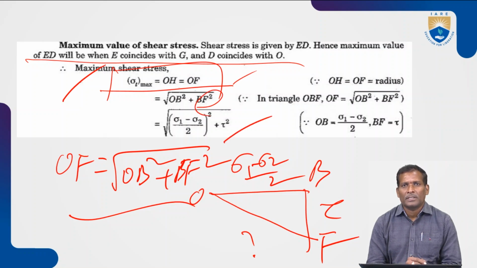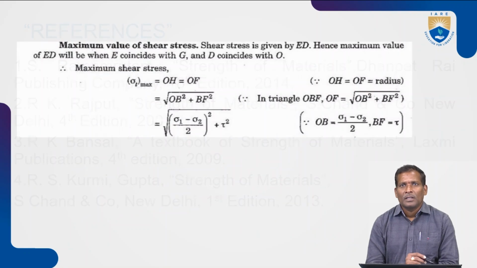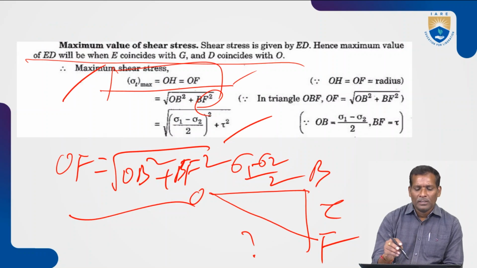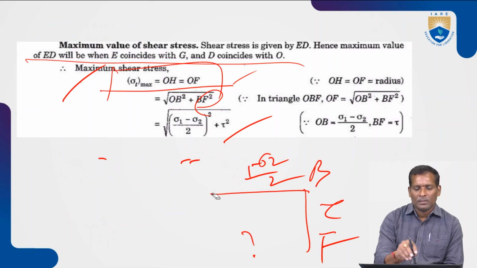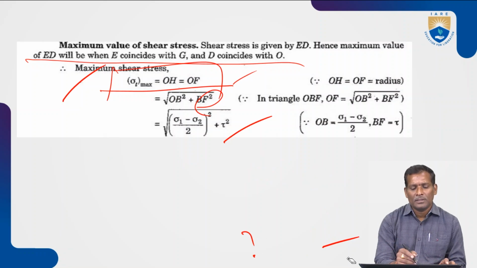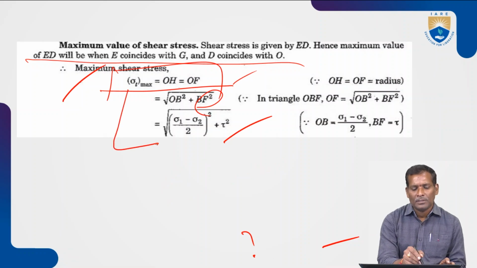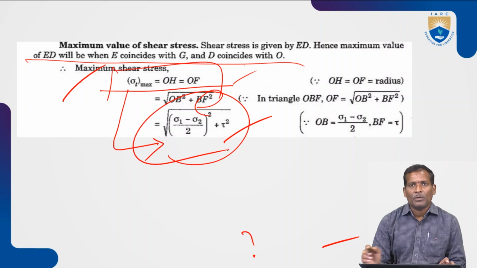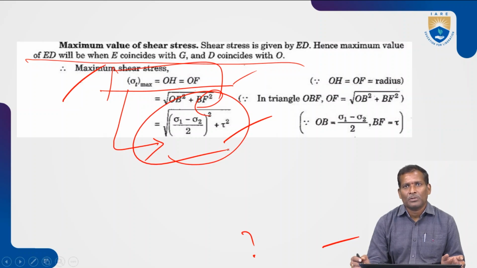So the maximum tangential stress occurs on the plane OH, which is equal to OF. Clear? So now finally we got the shear stress: the maximum tangential stress is equal to the square root of ((sigma 1 minus sigma 2) by 2) whole square plus tau square.